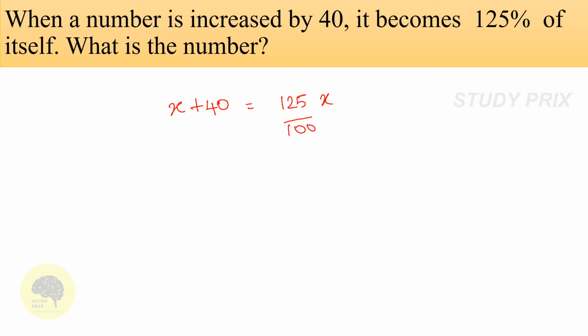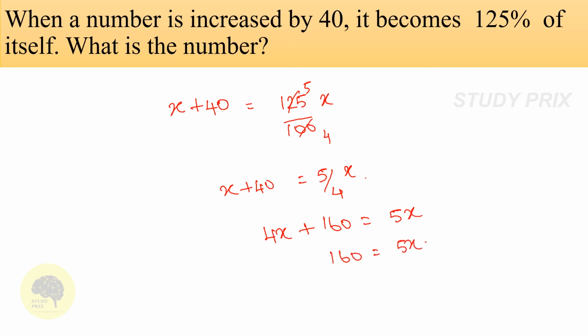So we have to find the x. For x plus 40, simplifying this, we will get 5 divided by 4 is equal to 5 by 4x. Therefore 4x plus 160 is equal to 5x. Therefore 160 is equal to 5x minus 4x, x equal to 160. Okay.